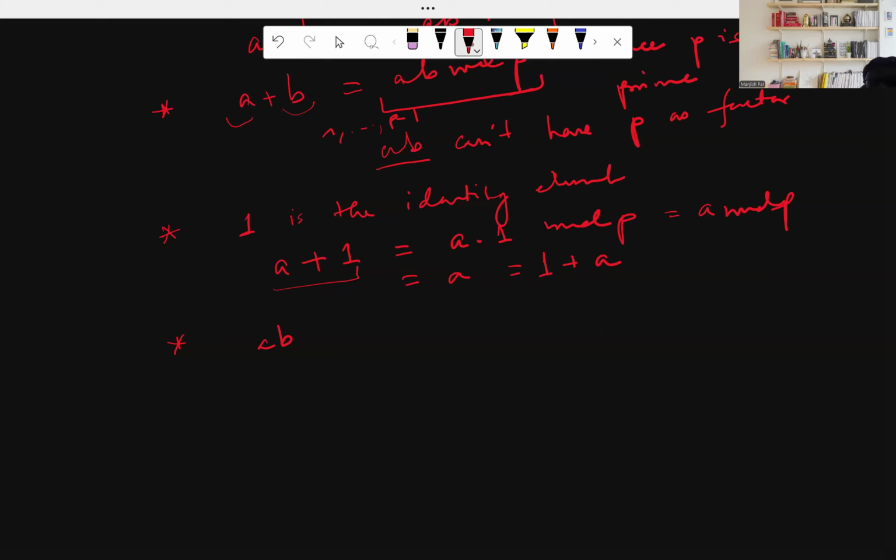If we take any arbitrary element A, then we have to multiply it with some number x such that ax is equal to 1 mod p.